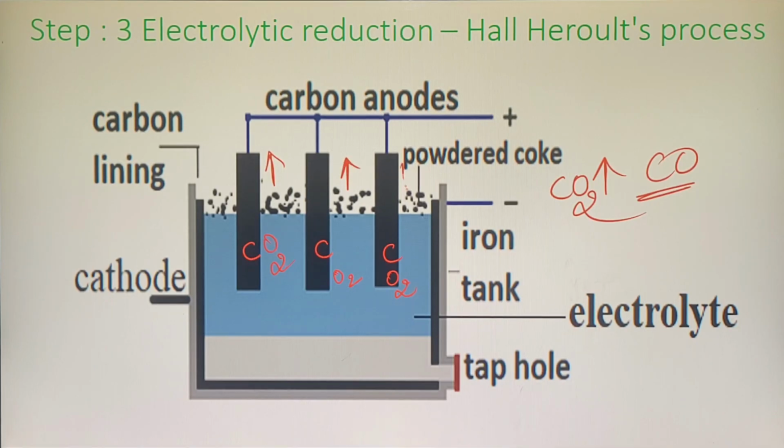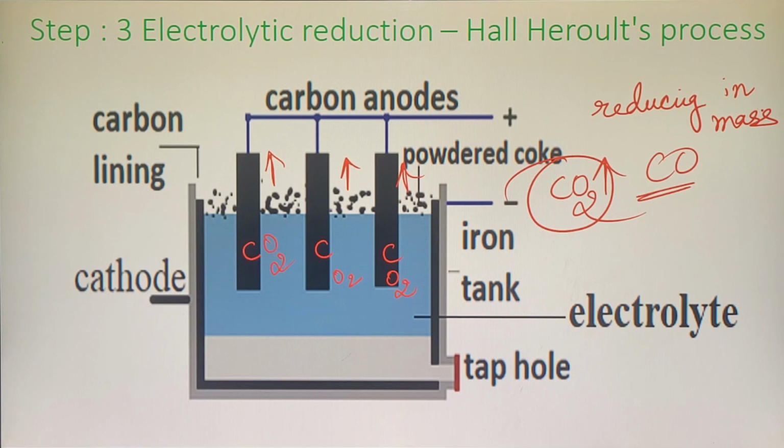So slowly what will happen, children? My anode will start vaporizing off. It will start getting used up and it will become carbon dioxide gas. It will slowly start reducing in mass. It will slowly start thinning out.